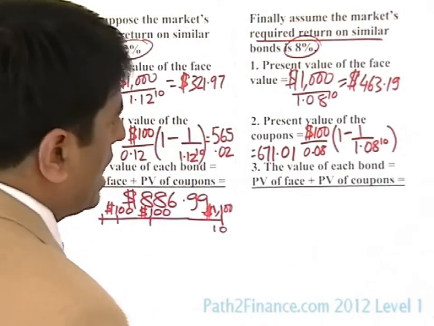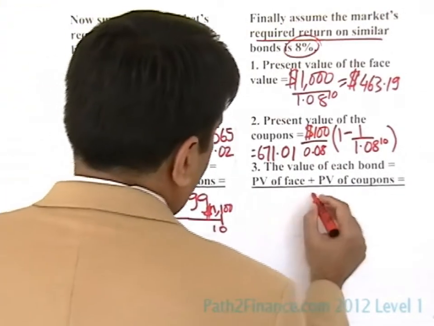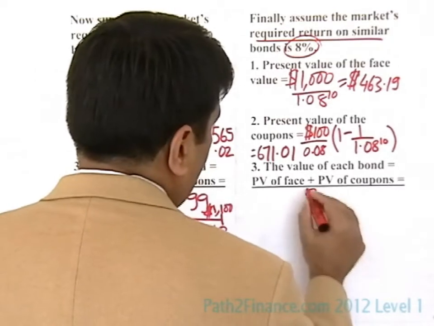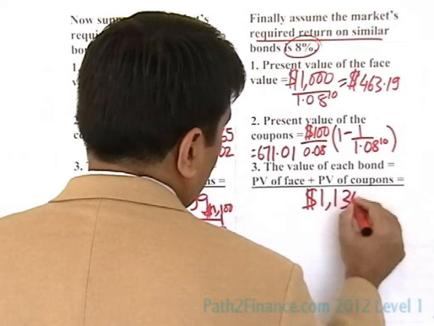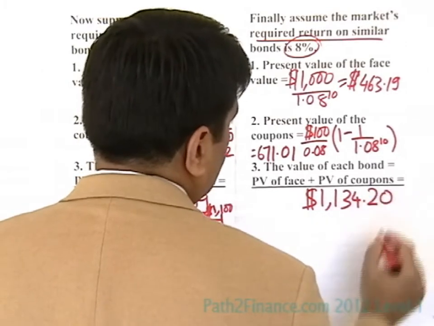So you add these up, you get the value for the bond to be $1,134.20.